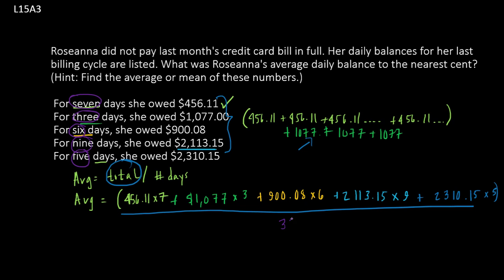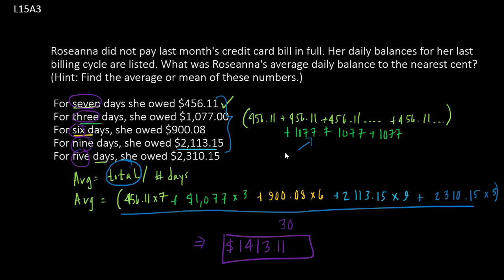So we have to divide all that by 30. Be very careful when you punch this into the calculator. And then we'll find that our average is $1,413.11. So again, the actual math here, doing these multiplications and the addition and then finally the division, is not so complicated. It's just making sure that we set up the problem correctly.